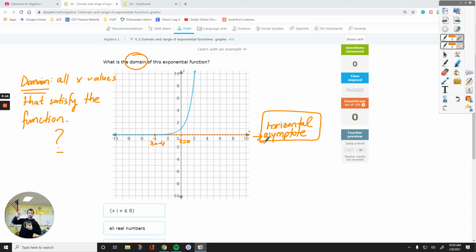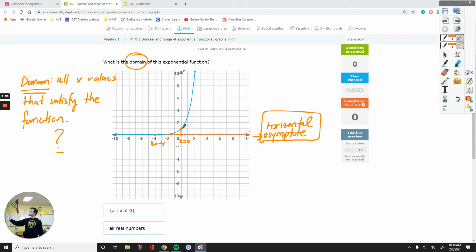But if you go a little up from that -4, you're going to touch that graph. Or take x equals 0 as an example. If you go up about 1 unit, maybe it's 0.9 or 0.957, but it's pretty close to 1. Whatever that number, you have a corresponding point on the graph.